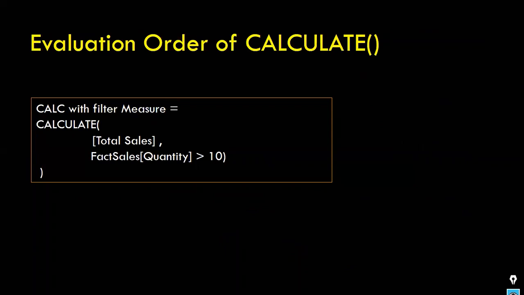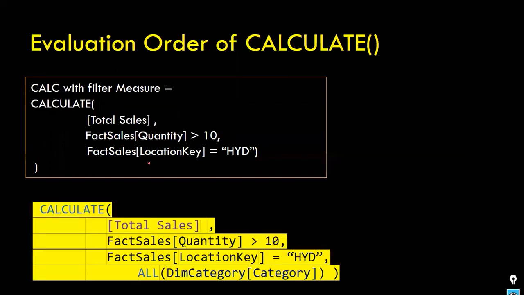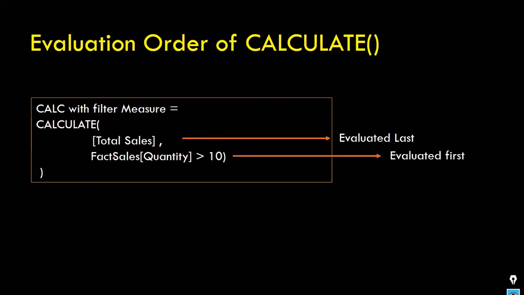The first one is the order of evaluation of your calculate function. In what order will the expressions get evaluated within this calculate function? In this case, the filter function will get evaluated first, always.